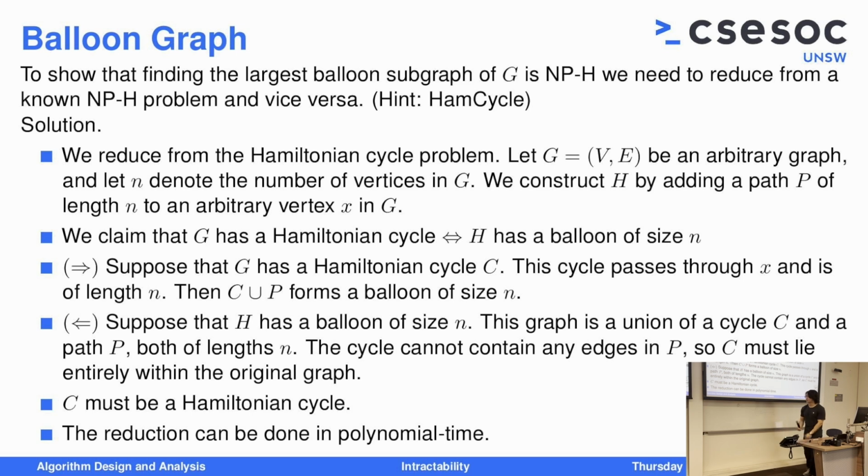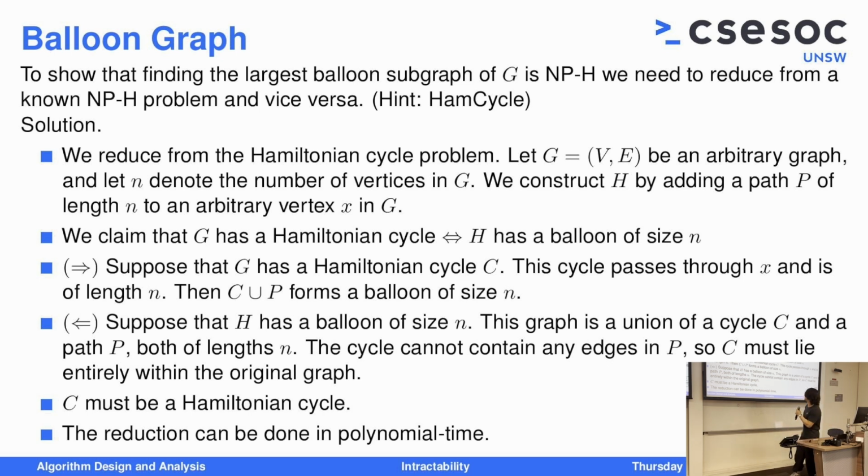Yeah? And we have to go the opposite way as well. Suppose that H has a balloon of size N. This graph, I guess this was what you were alluding to before, is a union of a cycle C and a path P, both of length N. The cycle cannot contain any edges in P, so C must lie entirely within the original graph, right?